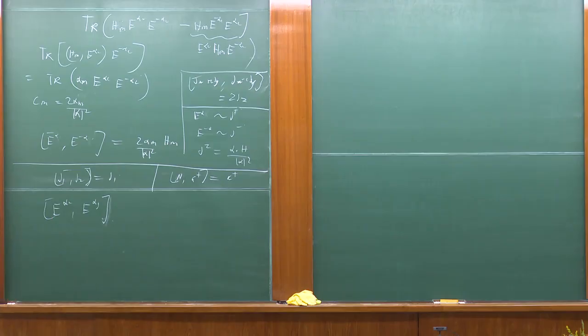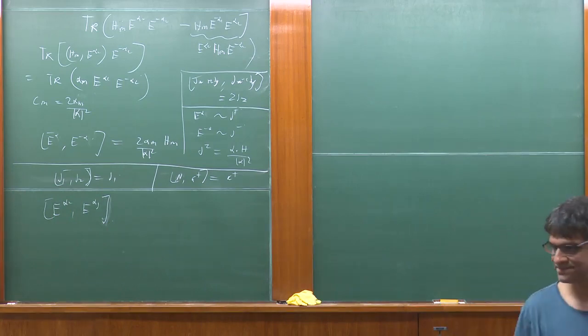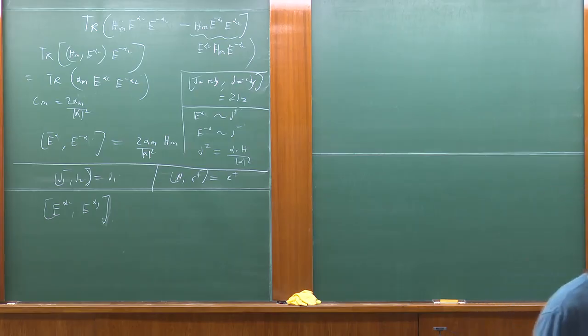Let's look at the weights of this guy. This guy under H has weight the sum of the weights alpha i and alpha j. Charges just add. So either there is a root in the theory with weights alpha i plus alpha j, or there is not.